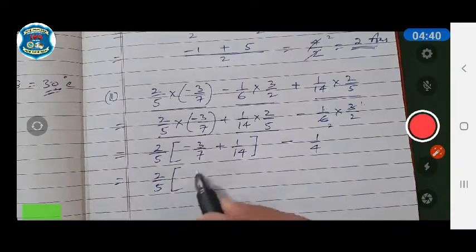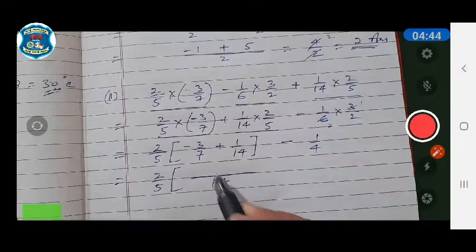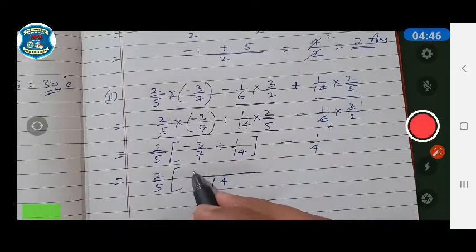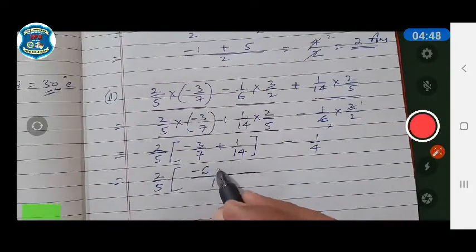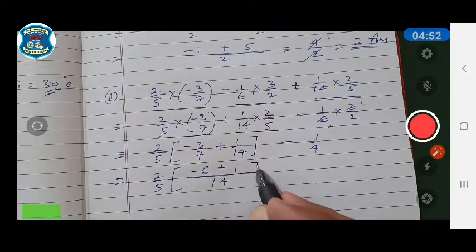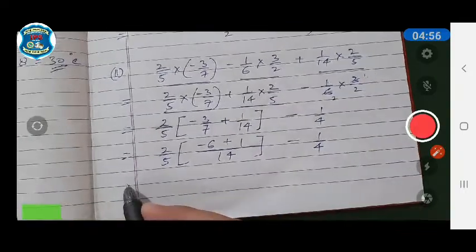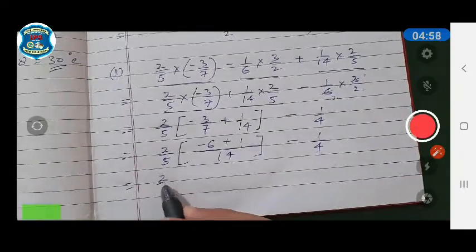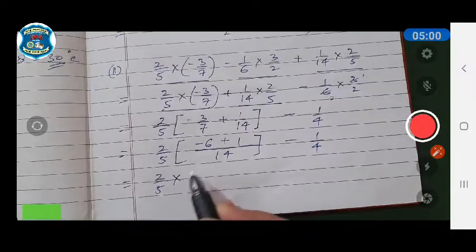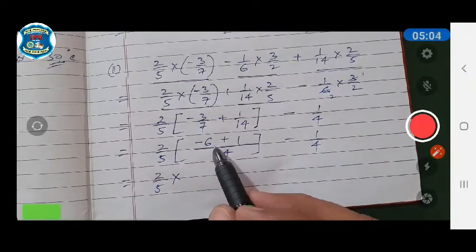Now, this is 2 upon 5. Take LCM again, 7 and 14. What is the LCM? 14. 7 twos are 14, 2 into 3 is 6, so minus 6. This is plus 14 divided by 14 is 1, 1 into 1 is 1. Bracket close. Minus 1 upon 4. Or it is 2 upon 5 multiply, this is minus 6 plus 1, what will you get? Minus 5.